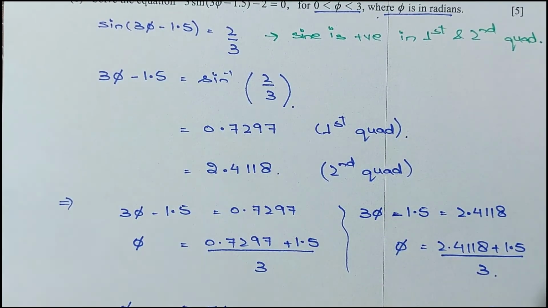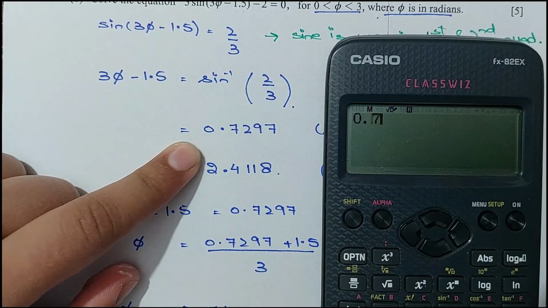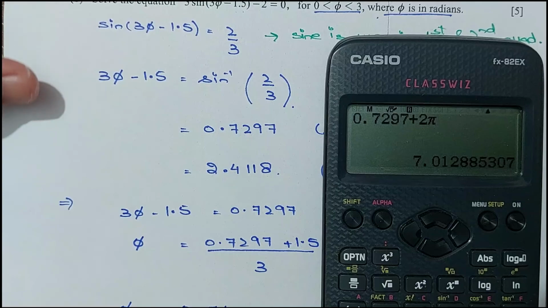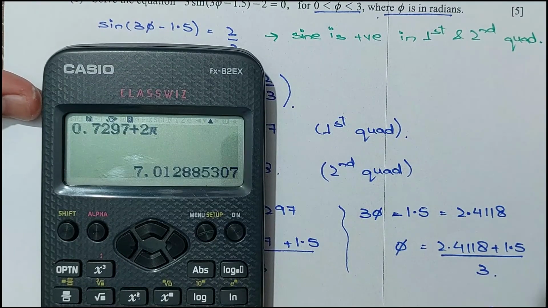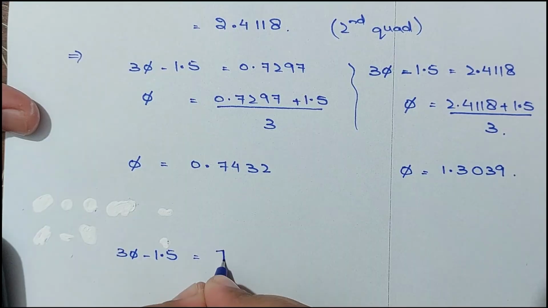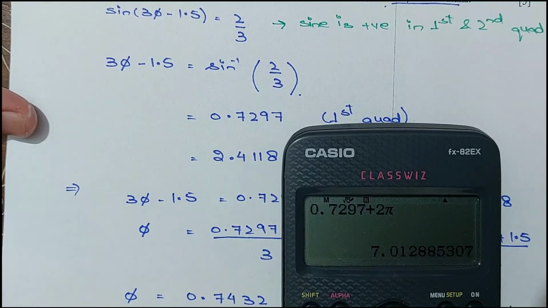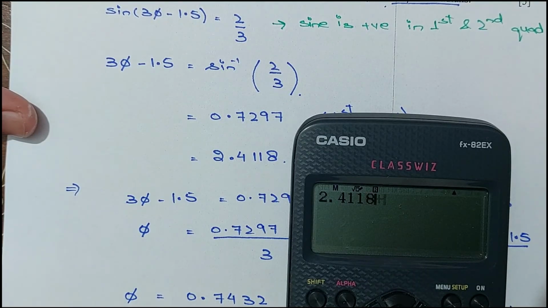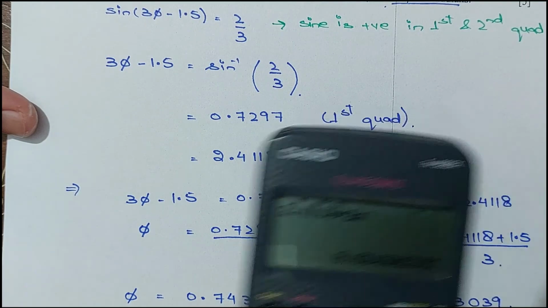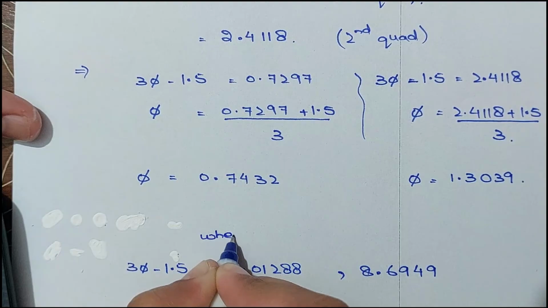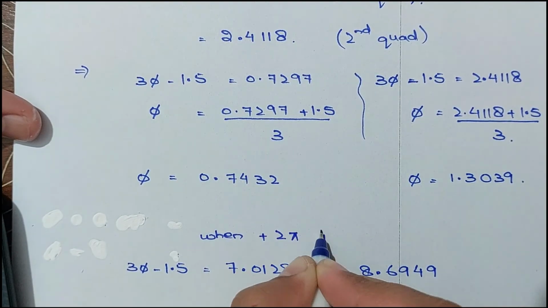In these two solutions, let's add 2 pi. 0.7297 adding 2 pi is 7.01288, and the other solution, 2.4118 add 2 pi, is 8.6949.